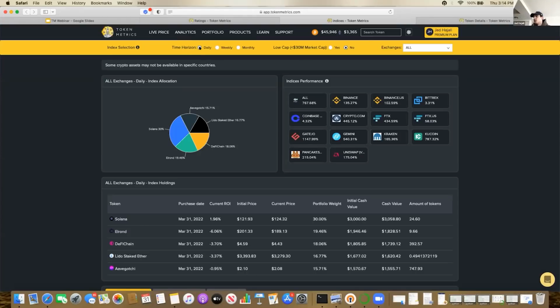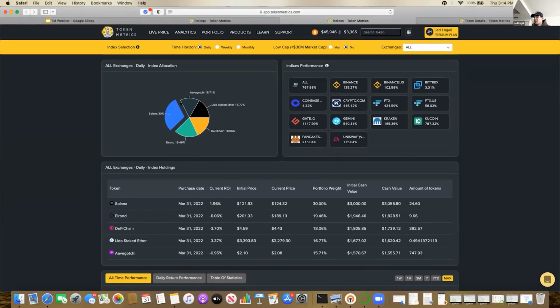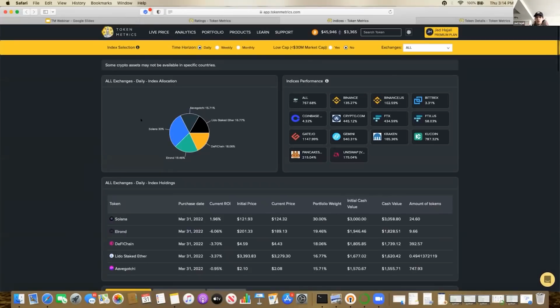For example, here I'm on the daily, which means that every day this portfolio will be updated to show which are the best 5 coins to hold today. So as of this morning, these were the best 5 coins based on our model that we should hold, with Solana having the biggest allocation at 30%. And then you can choose if you want to rebalance once a week or once a month.